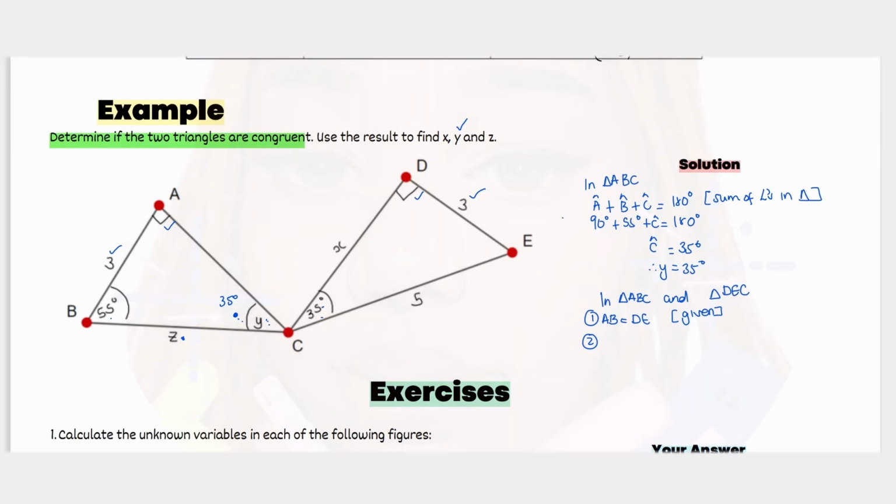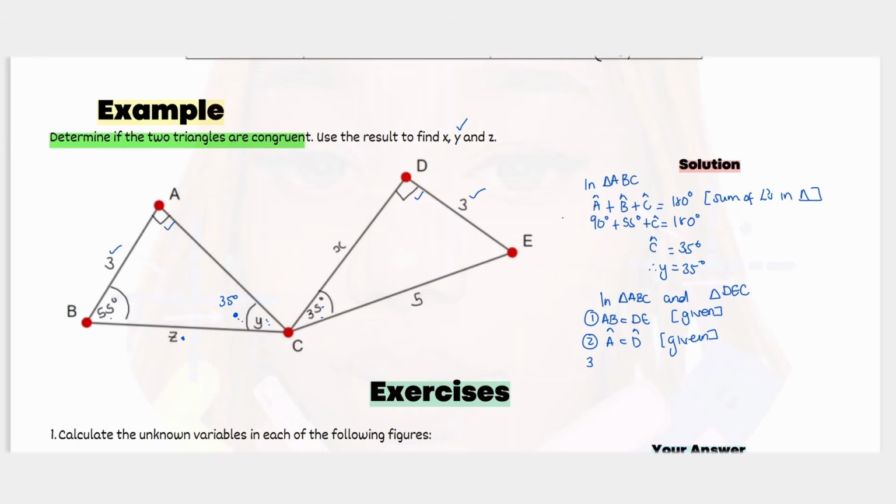Then the second statement is that angle A is equal to angle D. Remember that they equal 90 degrees. And the reason is also given, right?